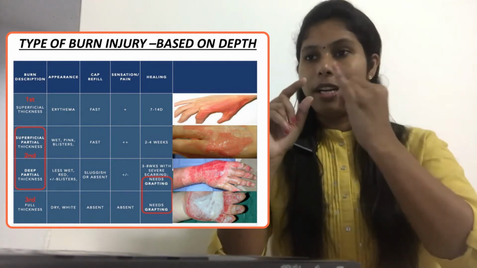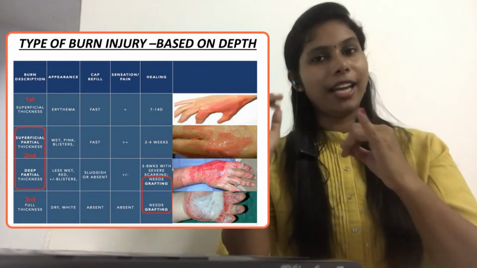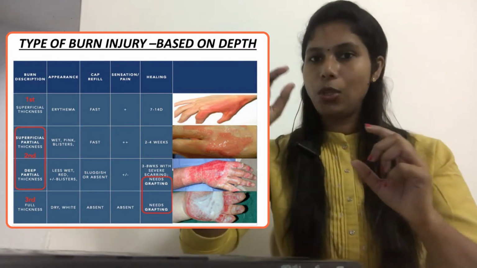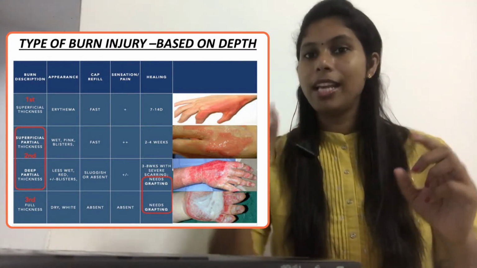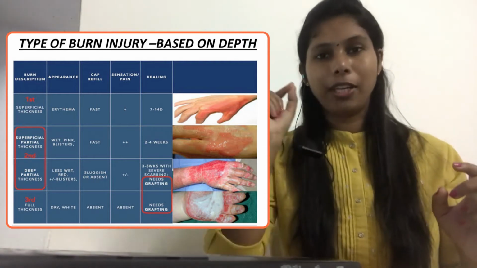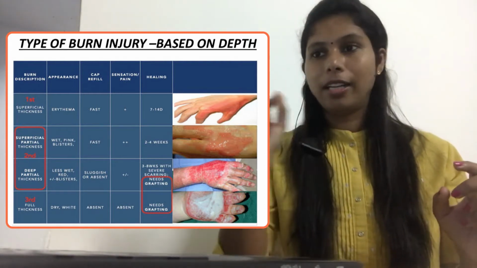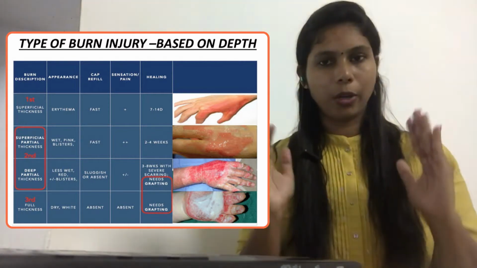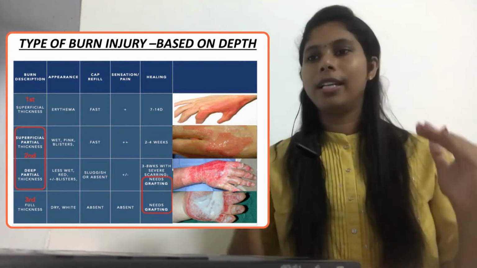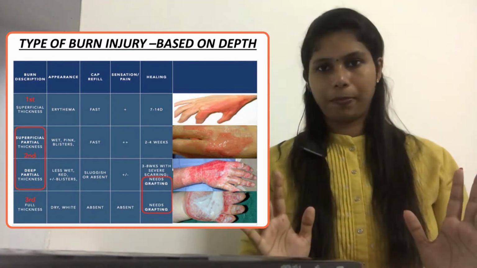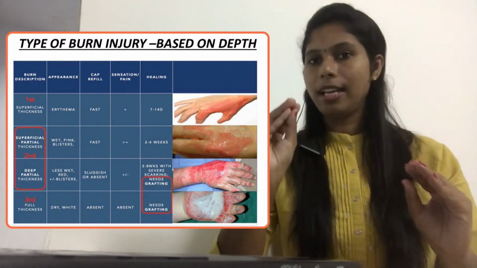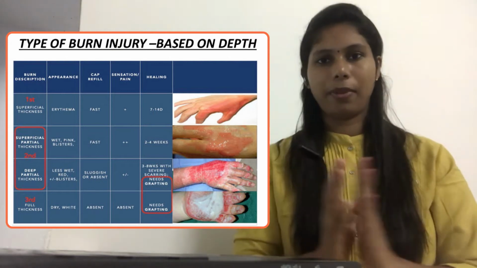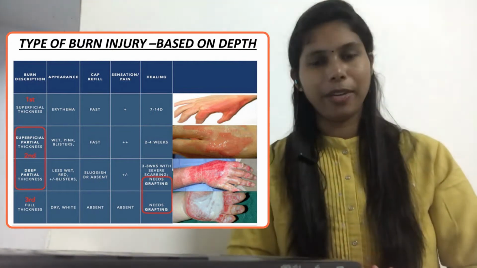These two partial thickness burns will come as second degree burns. Keep it in mind: second degree burn is equal to superficial partial thickness and deep partial thickness. Then the third degree burn is equal to full thickness burn. That is the three types classification. We'll see them one by one.